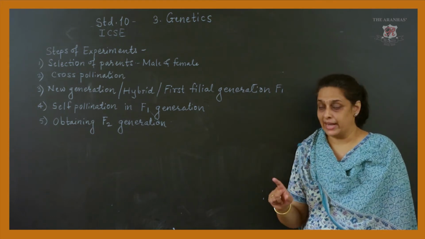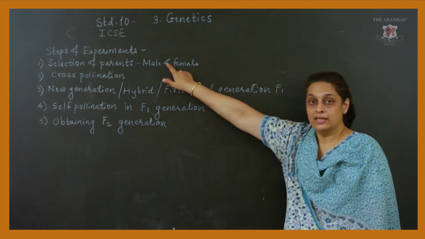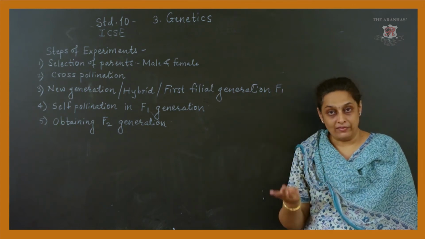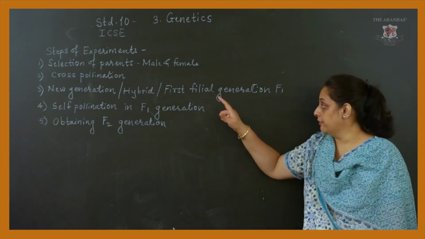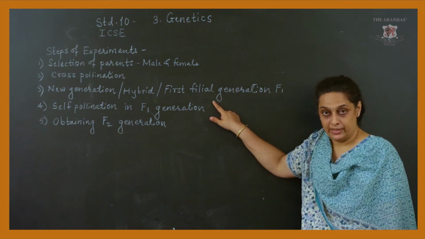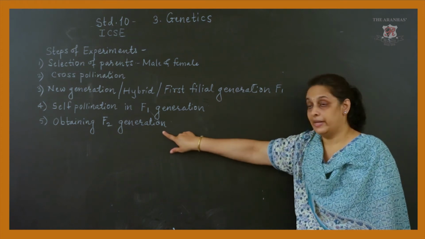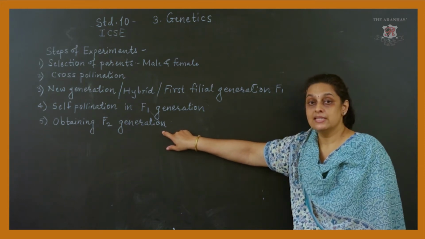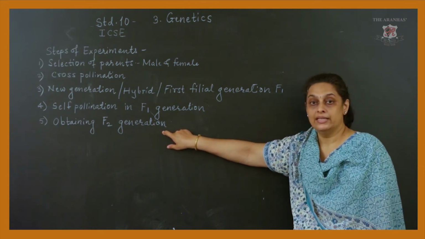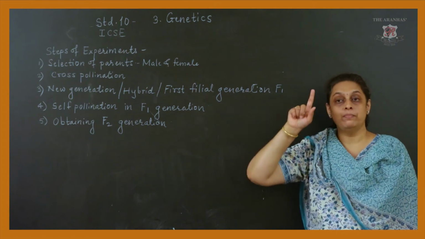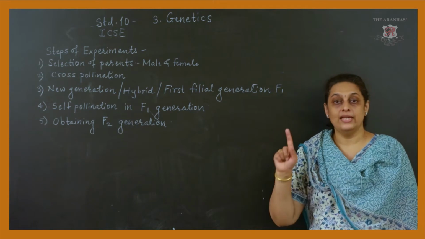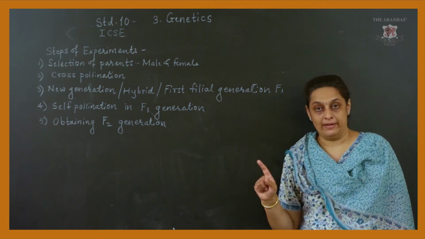So remember that in the beginning plants were two, male and female, and F1 generation was obtained. But to obtain F2 generation, Mendel did self-pollination, that is only one plant or only one parent was involved in the experiment.